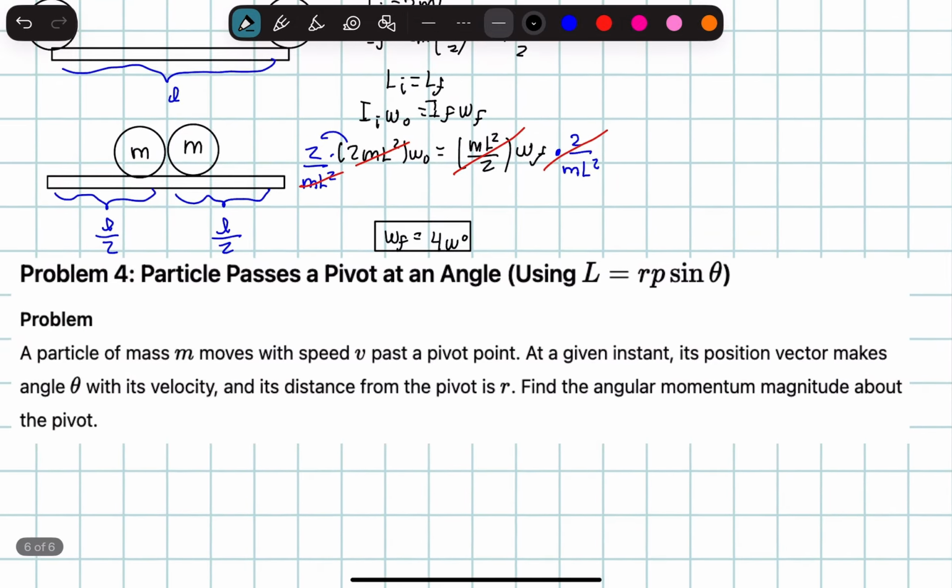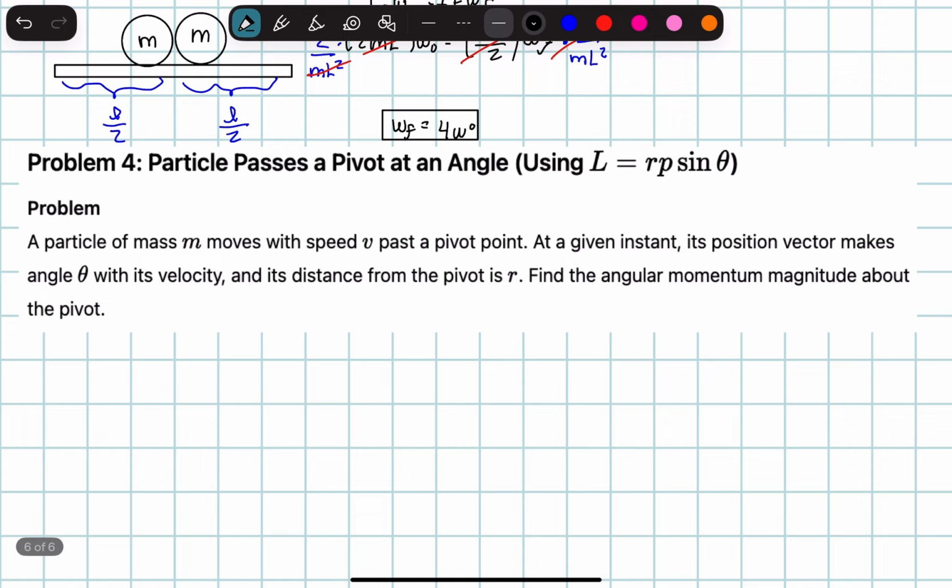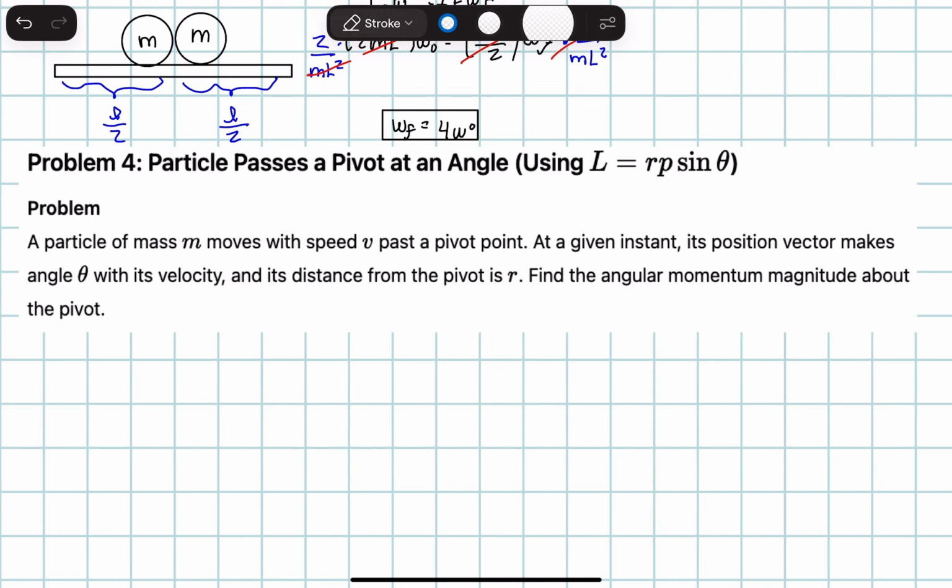Now let's say we have a question about a particle that passes a pivot at an angle, using L equals rp sine theta. A particle of mass m moves with speed v past a pivot point. At a given instant, its position vector makes an angle theta with its velocity, and its distance from the pivot is r. Find the angular momentum magnitude about the pivot.